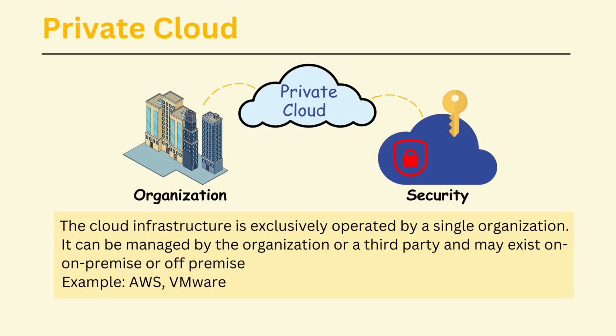Now, this cloud infrastructure is exclusively operated by a single organization. It can be managed by the organization or a third party and may exist on premises or off premises, doesn't matter. But the point here is this is exclusively operated for a single organization, and some companies that provide private cloud are AWS and VMware.